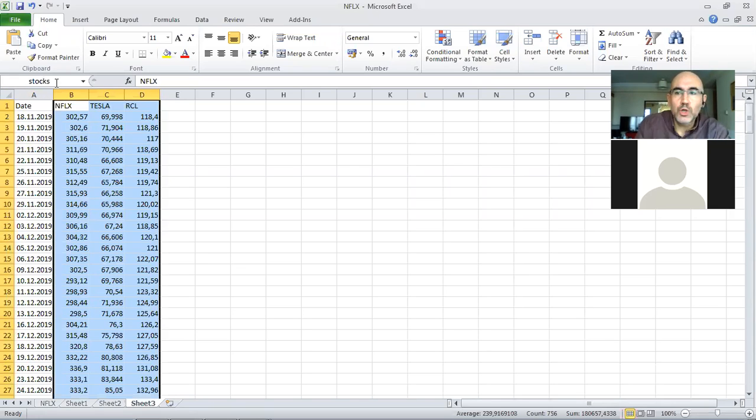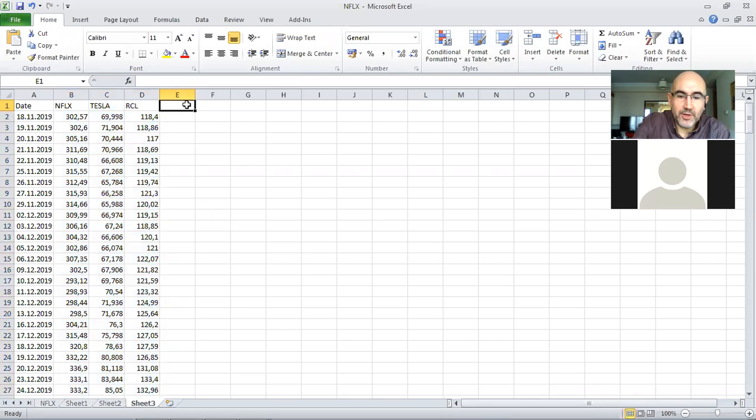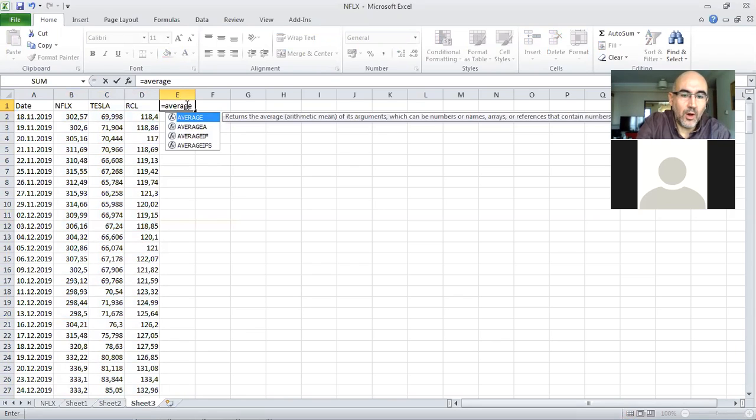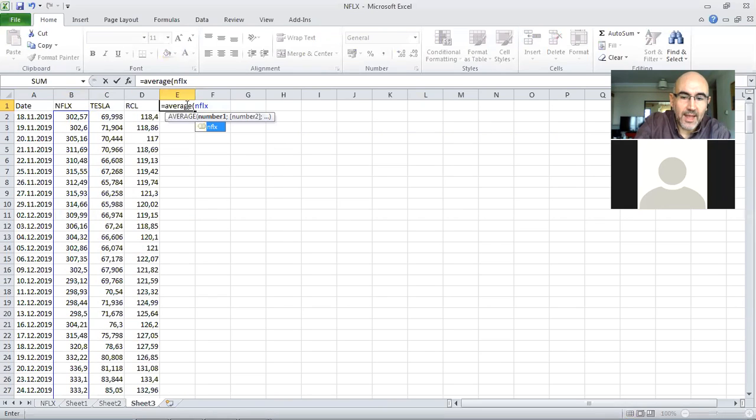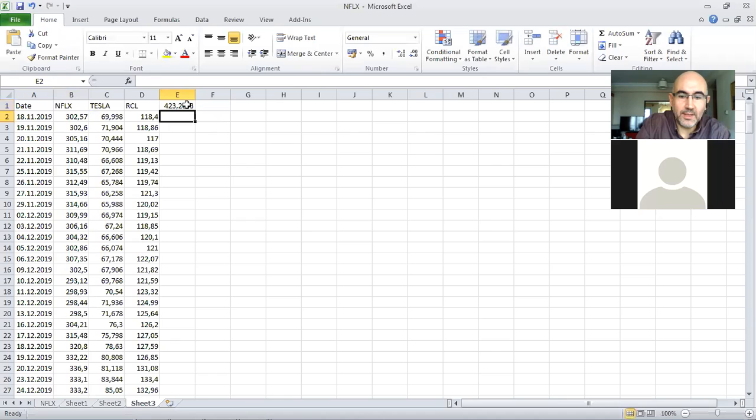Now, in order to calculate the covariance, let's start with Netflix and Tesla first. I want to have the average of Netflix, and since I gave it a name, I can easily do it like this. The average closing price for Netflix is 423.